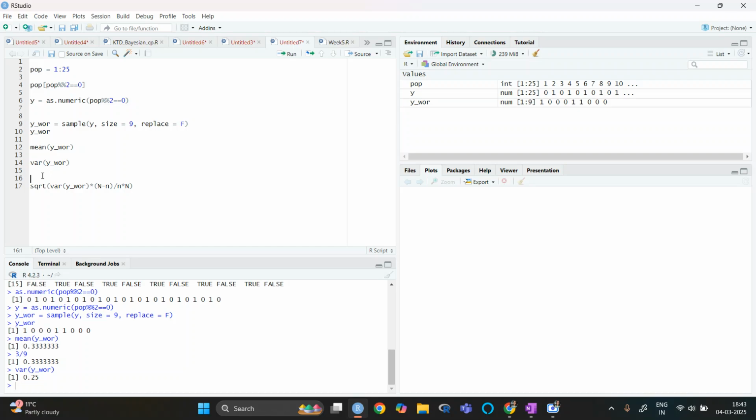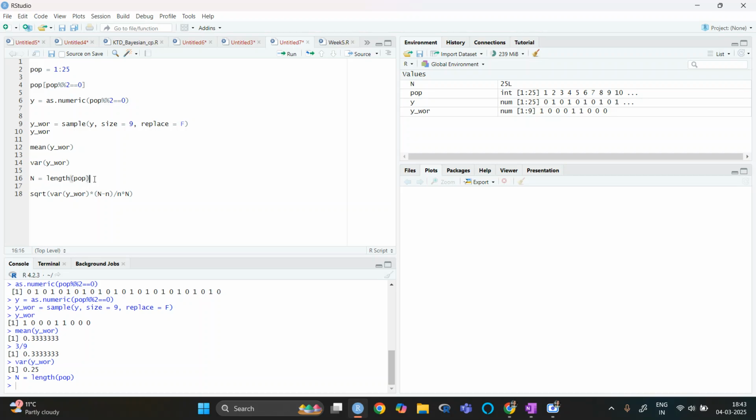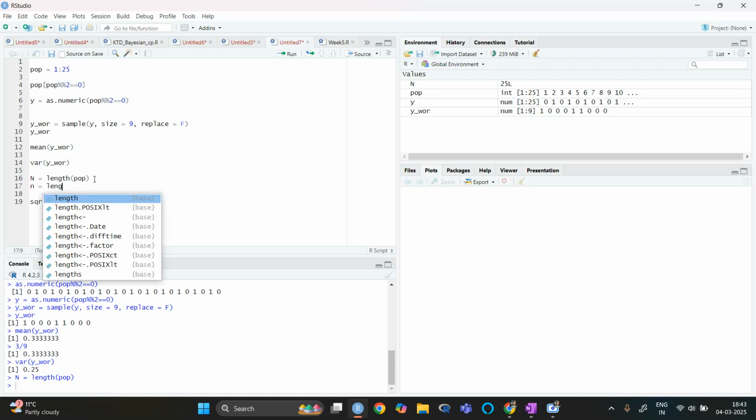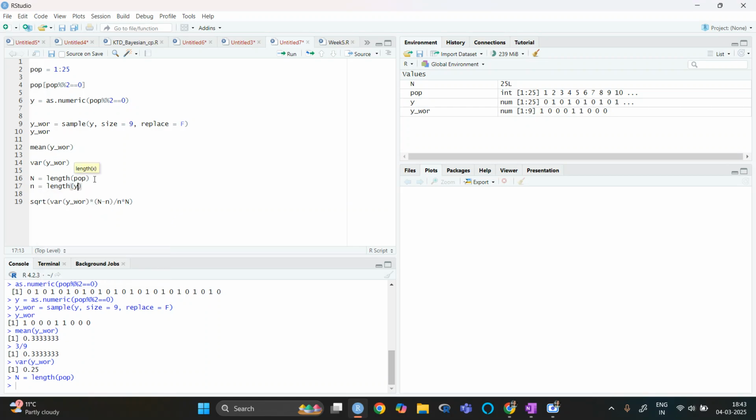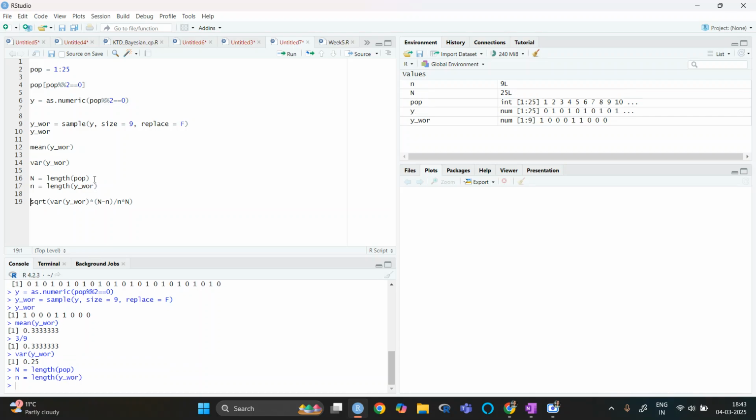So N is the length of pop, so it is 25, and small n is the length of our sample, ywor, so it is 9.